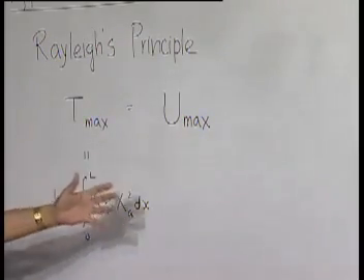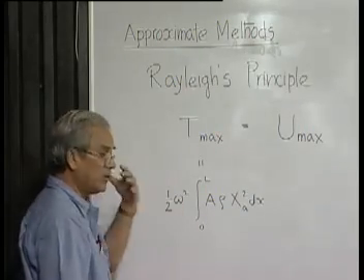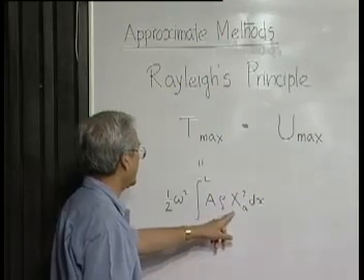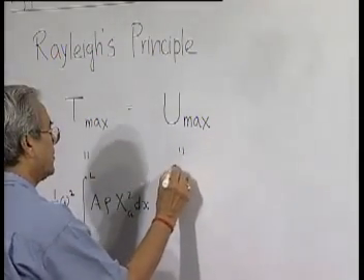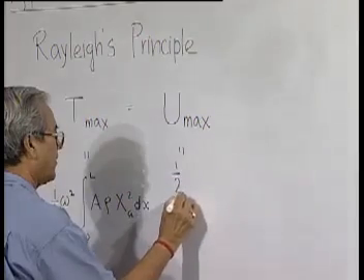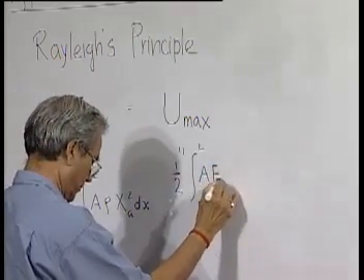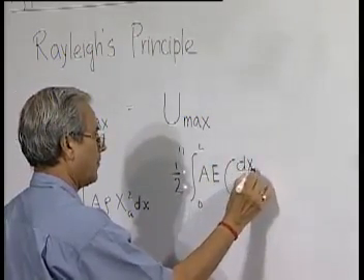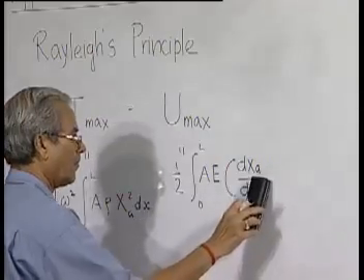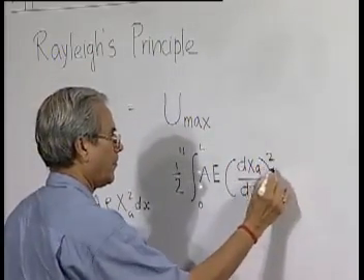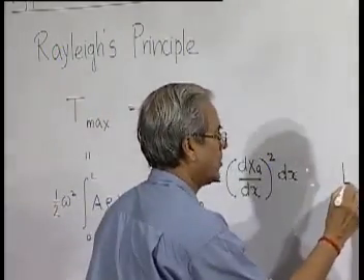That means the total kinetic energy of the whole elastic body in its peak value in the normal mode oscillation can be expressed like this, where Xa is the assumed deformation shape or mode shape, in case of longitudinal oscillation.